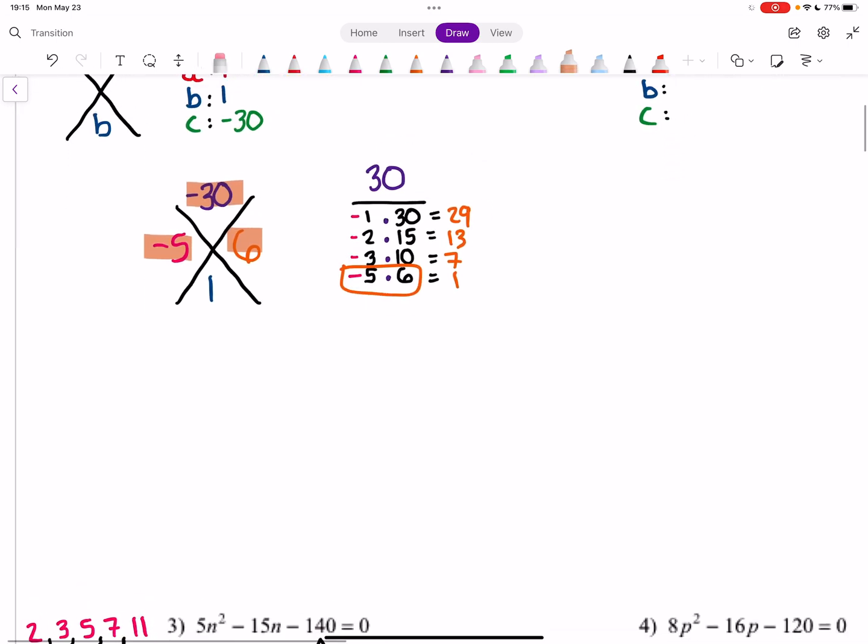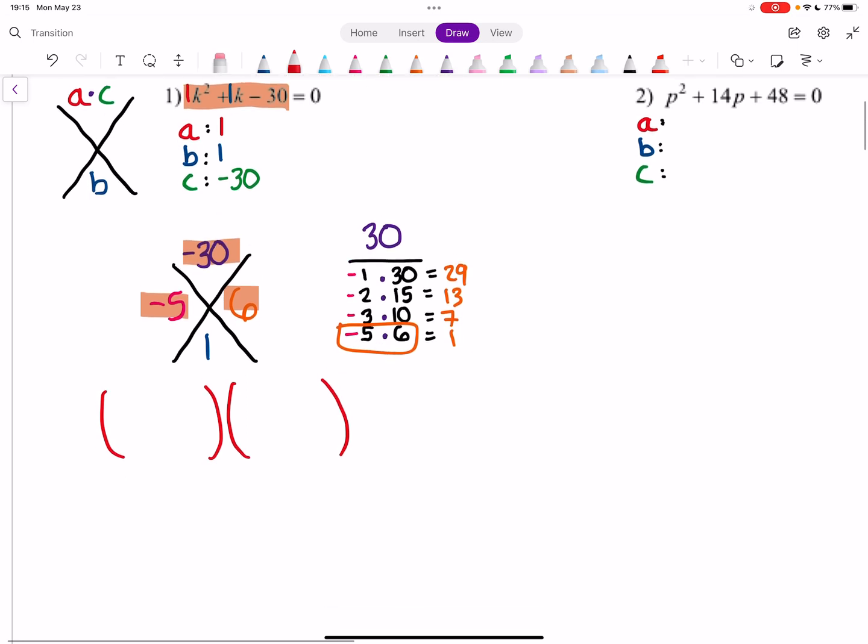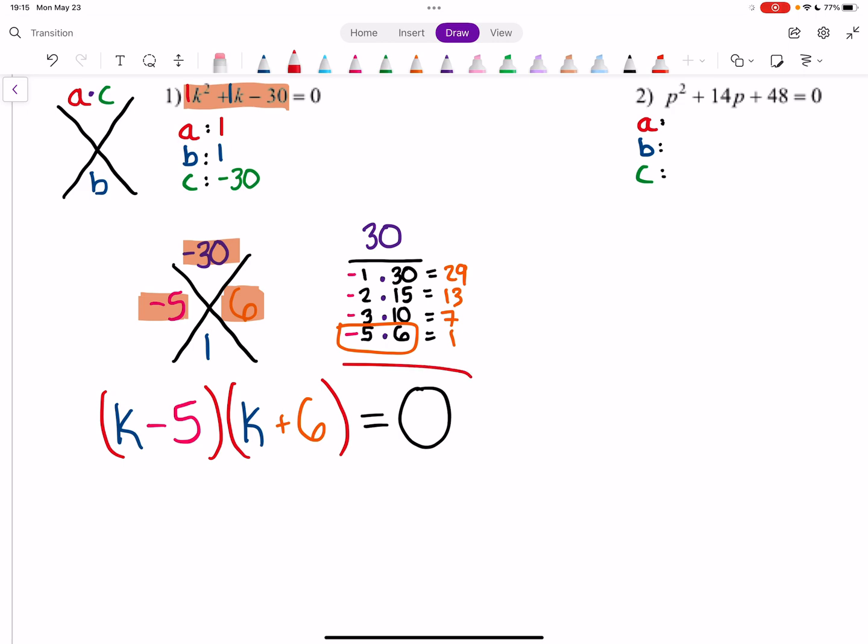So remember that looks like this. Two sets of parentheses with the variable, which is k, appearing here and here. And then the two solutions to my x problem, negative 5 and positive 6, going here and here. And again, the whole thing is set equal to 0. So this right here is what it looks like to write it in factored form.